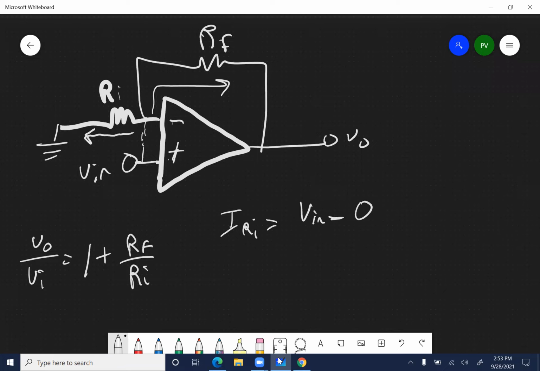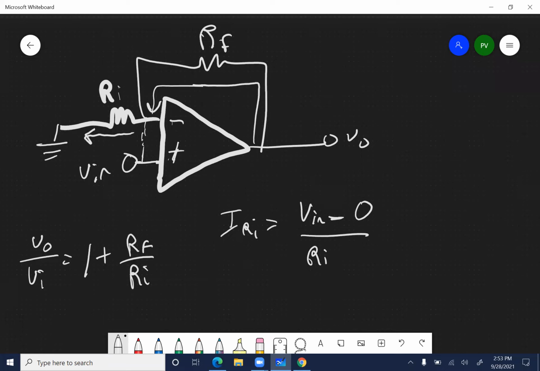No current can enter or exit the input terminal of the op amp. So all that current has to come through here. So that current is going to be V out minus V in all over RF.